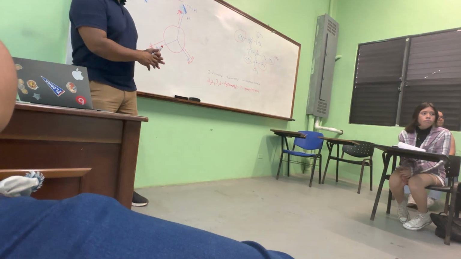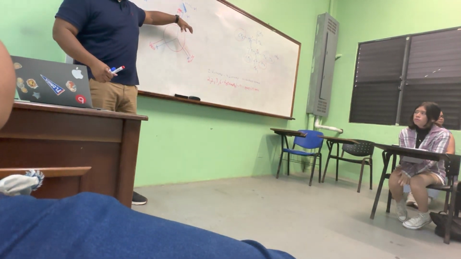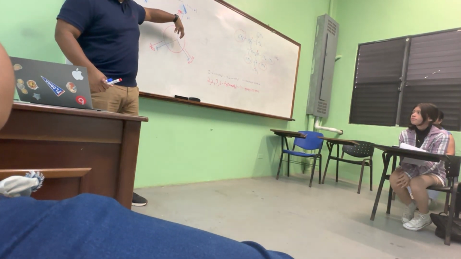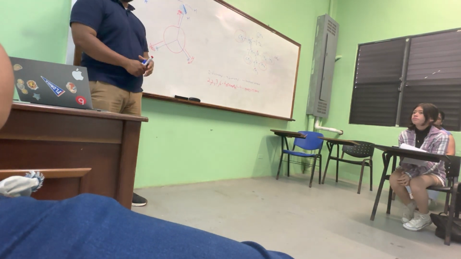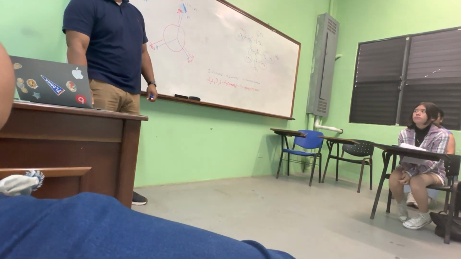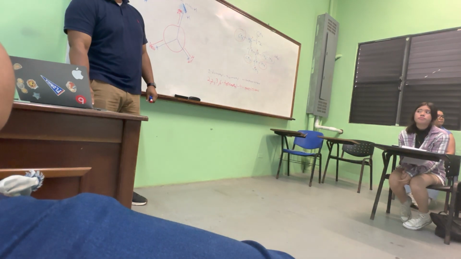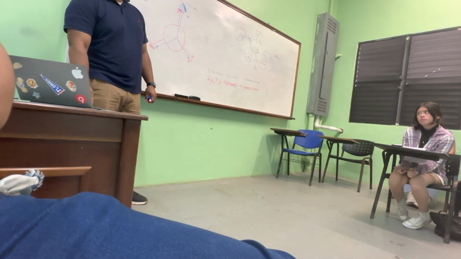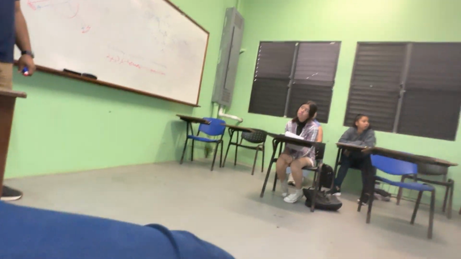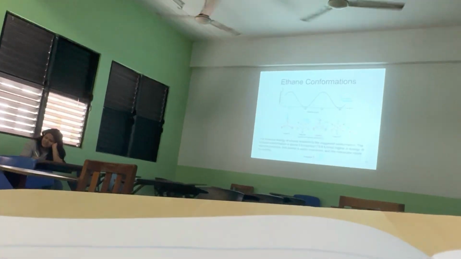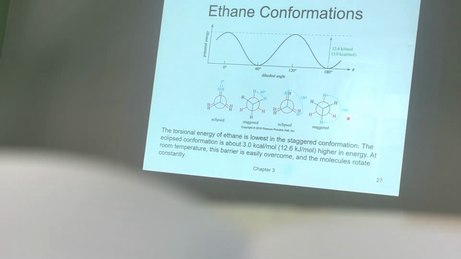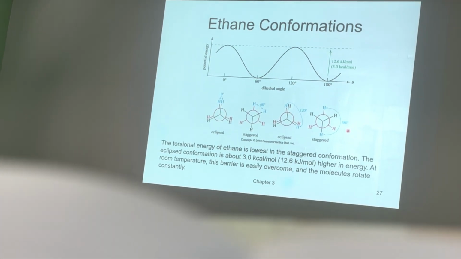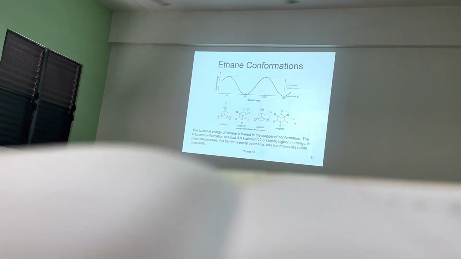So when I stagger it and I rotate this down 60 degrees, we create this staggering. And the staggering allows for a lower potential energy. Then when I rotate it again, I go back up to high energy, and rotate it again. So each rotation, we take this and rotate it 60 degrees to here, right?